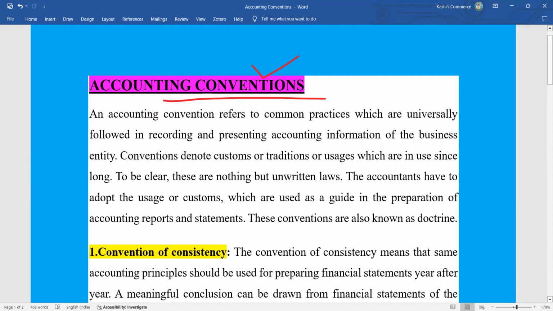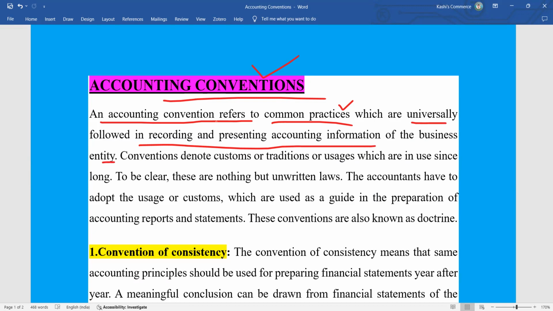So coming to the accounting conventions. An accounting convention refers to common practices. Accounting conventions are common practices which are universally followed in recording and presenting accounting information of the business entity.